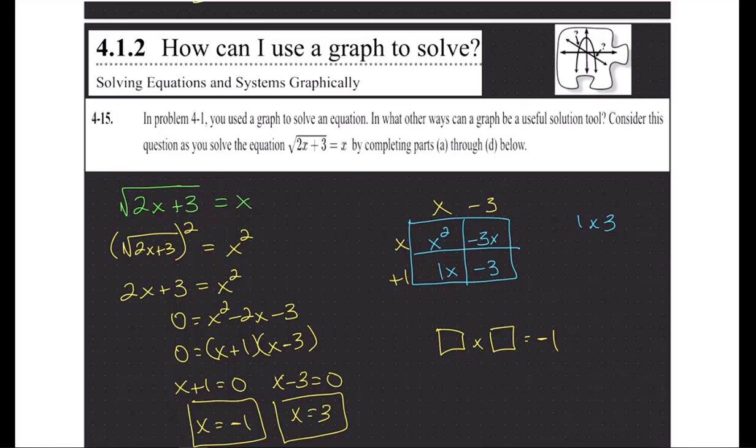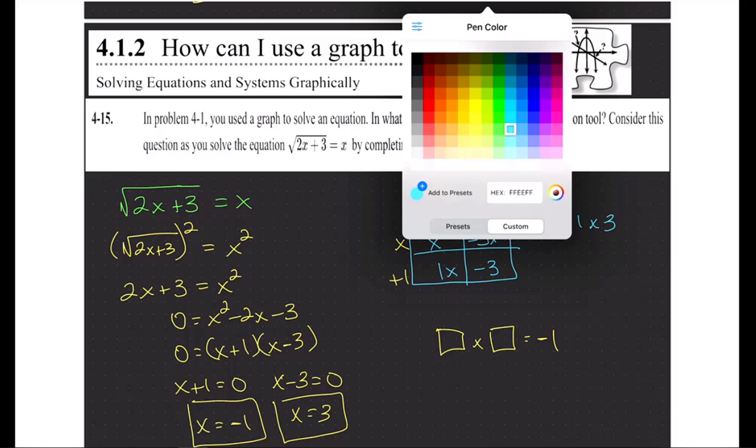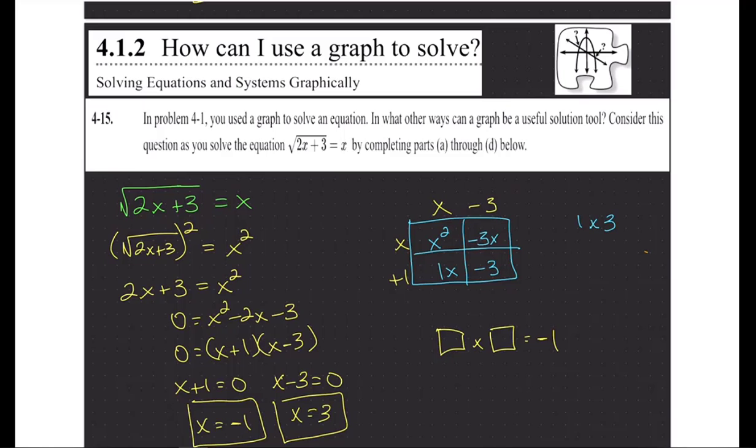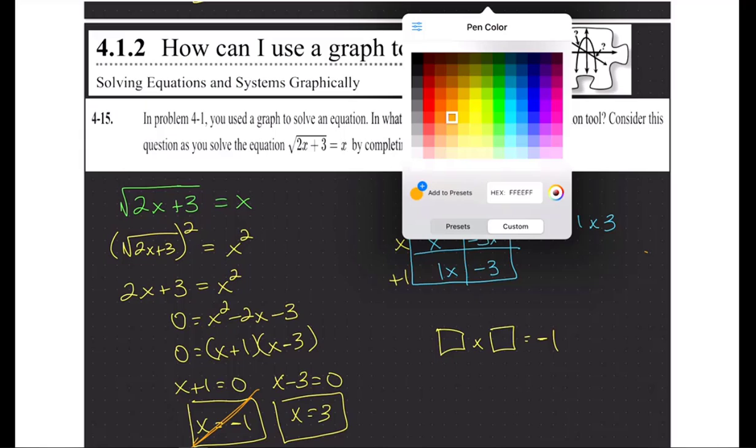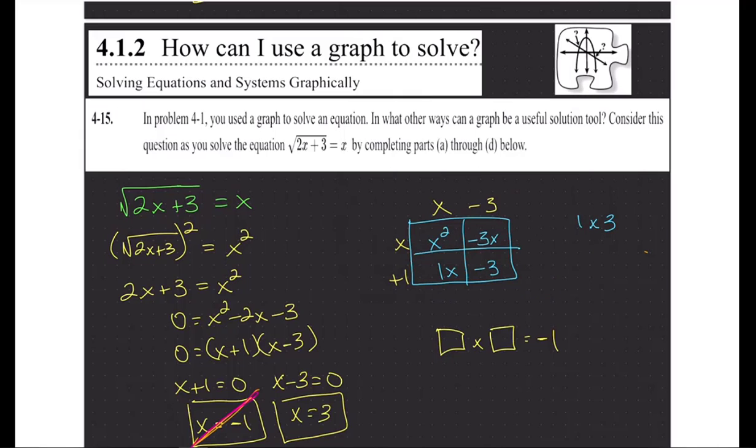So no matter what, when it comes to taking the square root of a number, it's got to be positive, right? So this guy here has got to be positive. And do we have 2 positive numbers? We don't, right? So unfortunately, that doesn't work. It's like the same color. Pink. Nobody likes pink, right? So technically this x equals negative 1 doesn't work.